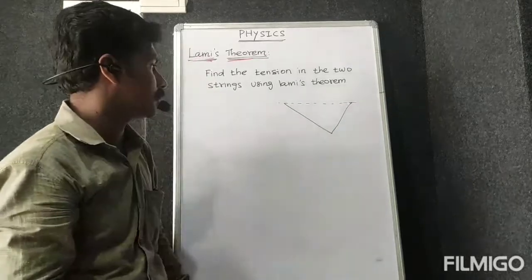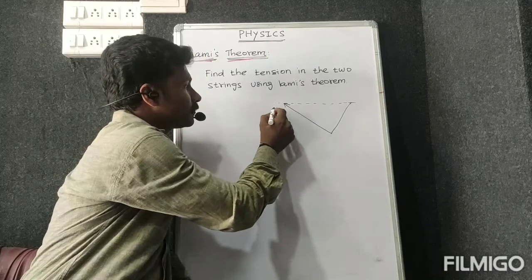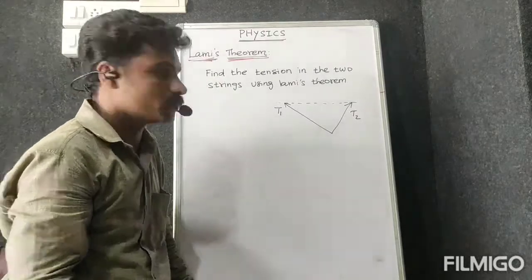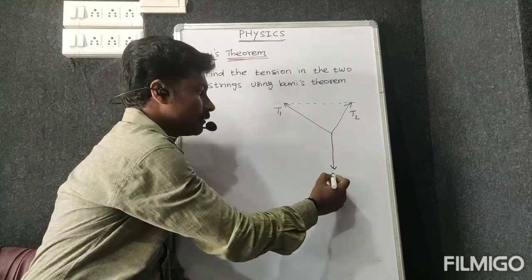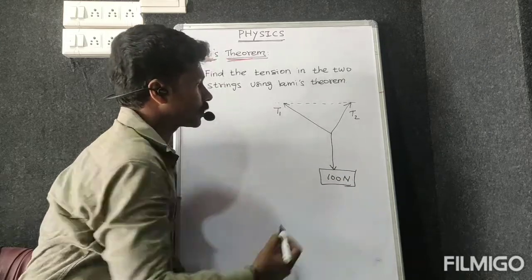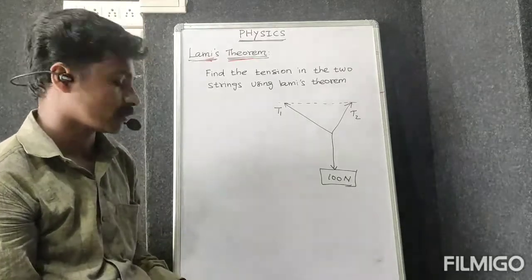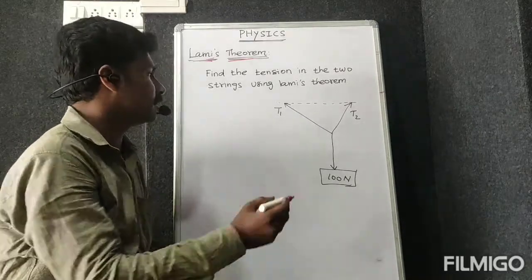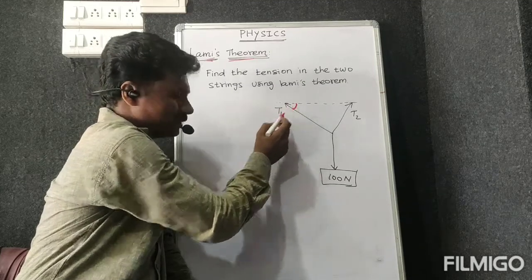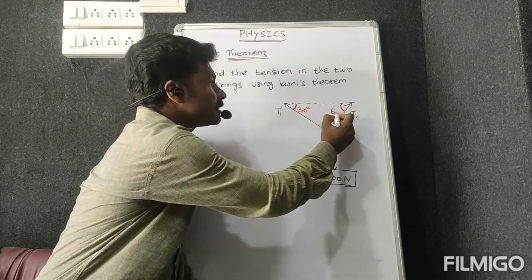Here a tensional force T1 is produced, and here a tensional force T2 is produced, due to applying the 100 Newton weight here. In this equilibrium condition, the angle made near the string is a 30-degree angle here, and a 60-degree angle here.